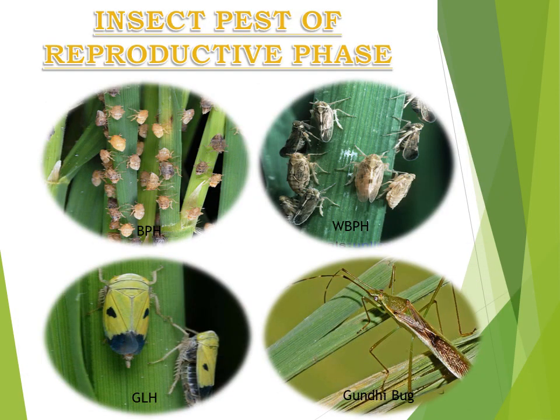Then the insect pests of the reproductive phase: the brown plant hopper, white back plant hopper and green leaf hopper, mostly the hopper complex, the sucking complex, are associated with this reproductive phase. And last but not the least, the gundhi bug, which is very importantly associated only during the milky stage of the paddy.